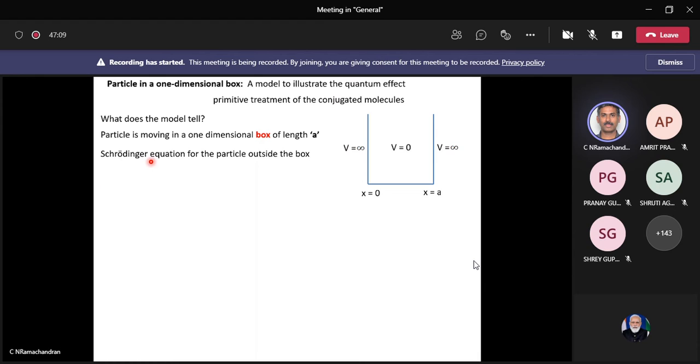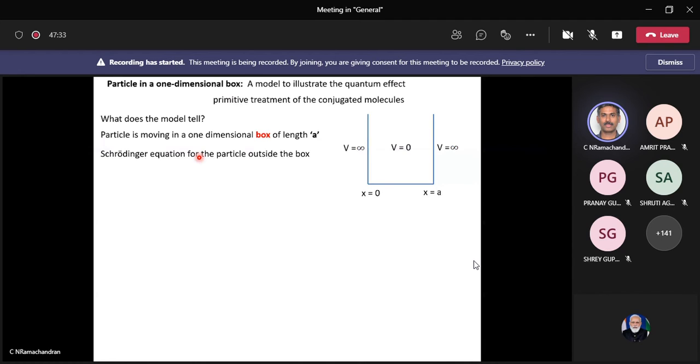Now we are writing the Schrodinger equation for the particle outside the box. This is what I told: the Schrodinger equation is what we use to solve any model. We will be discussing 3-4 models in this course. In all these models, the only thing we will be doing is writing the Schrodinger equation.